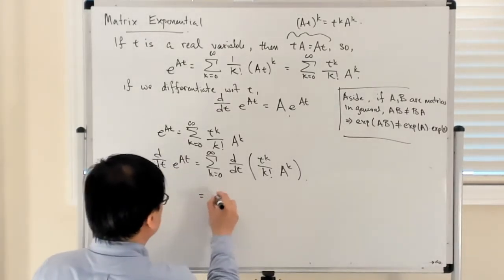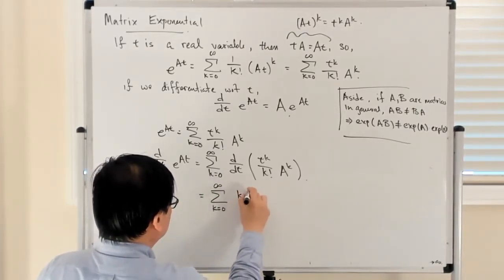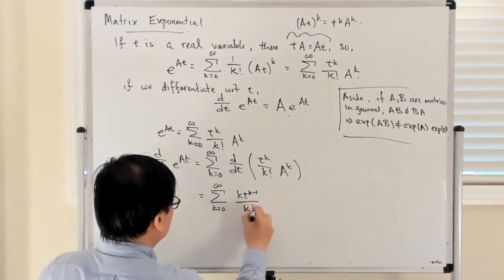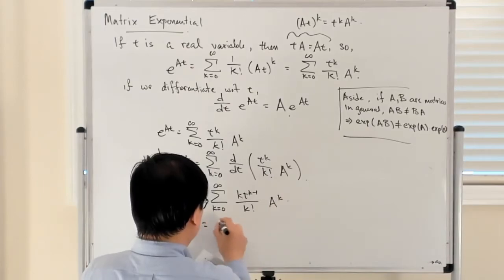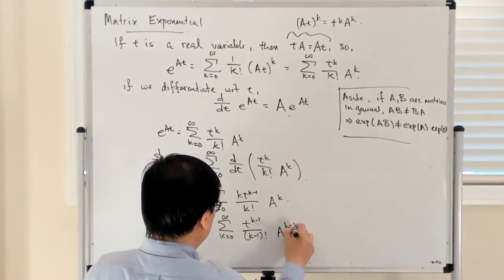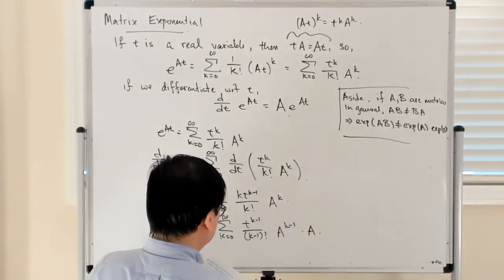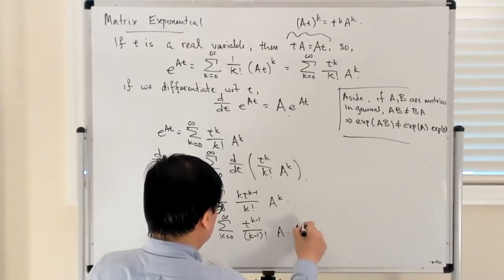So this is the sum from k equals 0 to infinity of k t to the k minus 1 over k factorial, A to the k. So this is the sum of t to the k minus 1 over (k minus 1) factorial, A to the k minus 1, times A, if you will. Actually, let me write it the other way: A times A to the k minus 1.